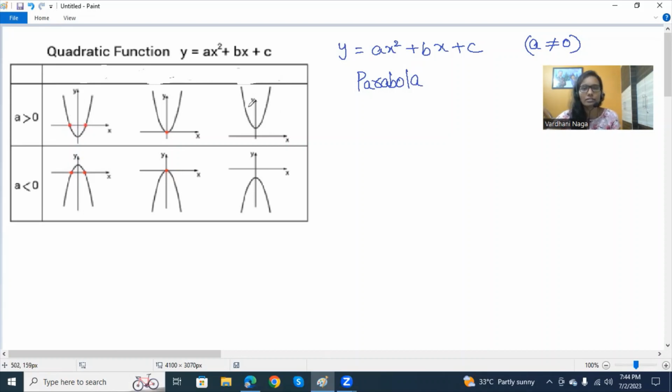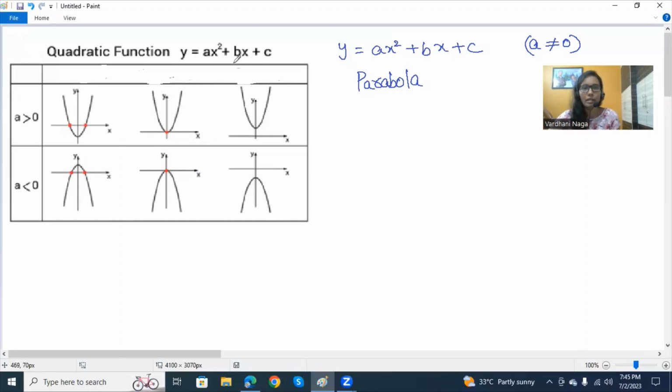If the parabola is not touching or cutting the x-axis at any point, then there are no zeros, meaning no solutions for the given equation. In the same way, if a is less than 0, this graph contains two zeros, here one zero touching the x-axis at only one point, and here it is not touching the x-axis at all, which means no zeros for the given equation.